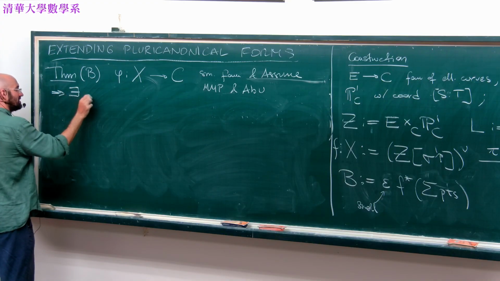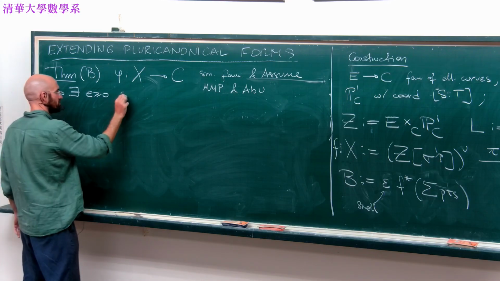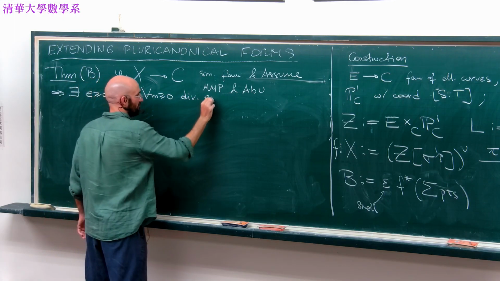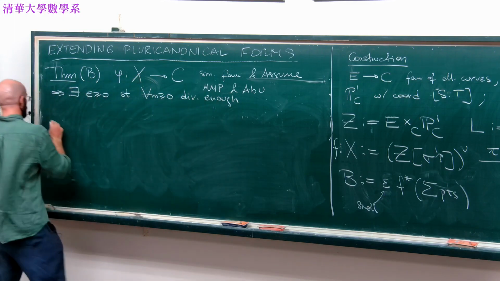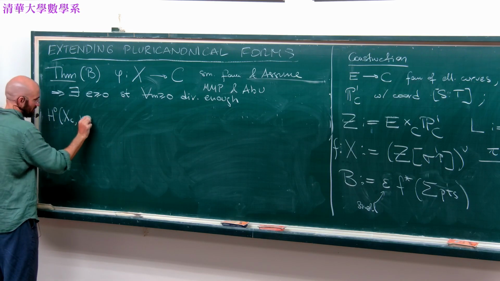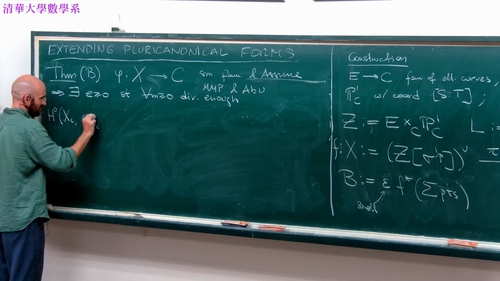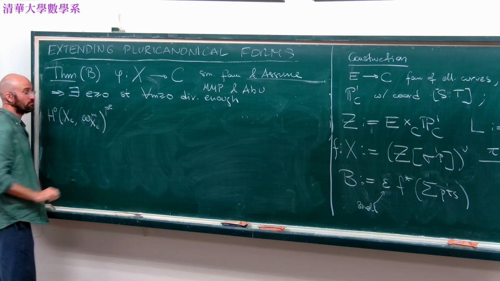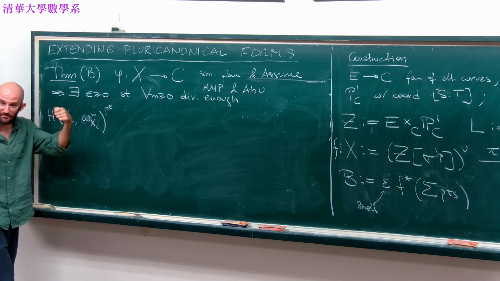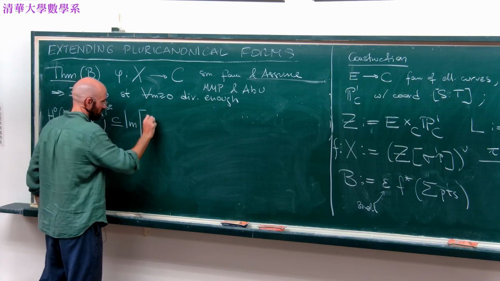There exists some positive integer e such that for every m greater or equal than 0 divisible enough, when I look at the space of m-pluricanonical sections on the central fiber, and then I take the p^e-th power, so I take m-pluricanonical sections, then I raise them to the p^e-th power, this is inside the image of the restriction map.